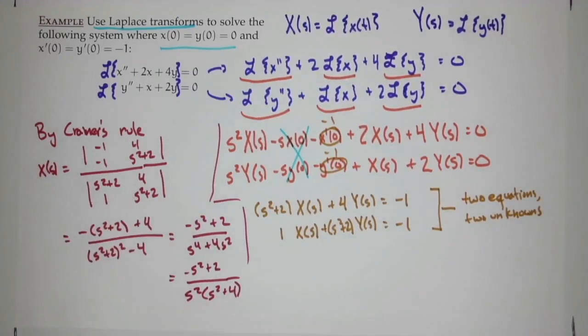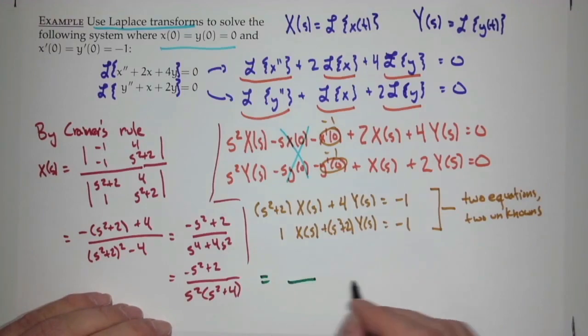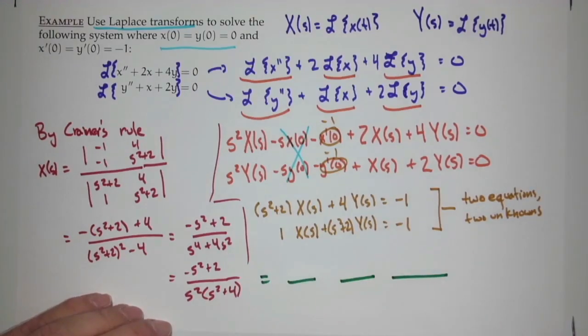Now that would essentially be after the second step, right? Because you solve for x of s. After this point, what would you do? Let's spend 30 seconds to talk about the game plan from here. We won't finish it, but what happens next? Partial fractions. How many pieces in the partial fractions will we have? We'll have 3 pieces. What goes down here?